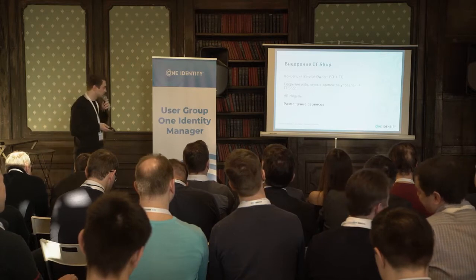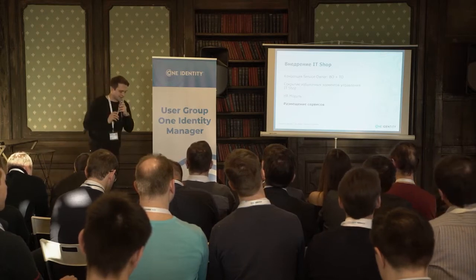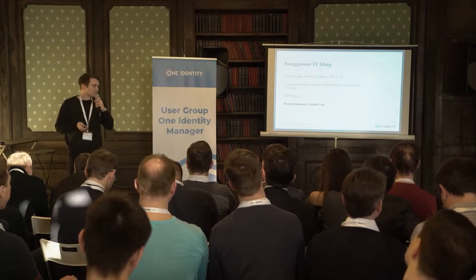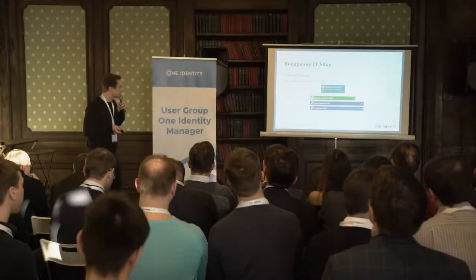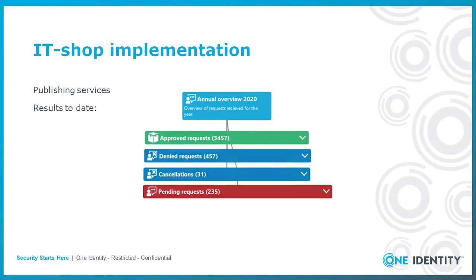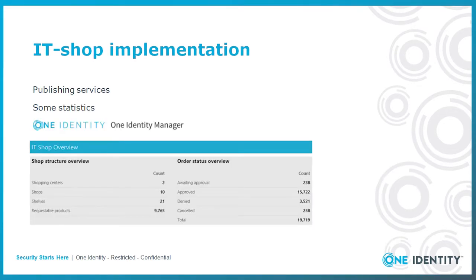We have about 60 systems, and most of them are integrated with Active Directory, and some of them are not. We launched IT Shop on July 2nd, 2019, and we had 12,300 requests for access by the end of the year. And as of today, starting with this year, we have 3,500 requests.